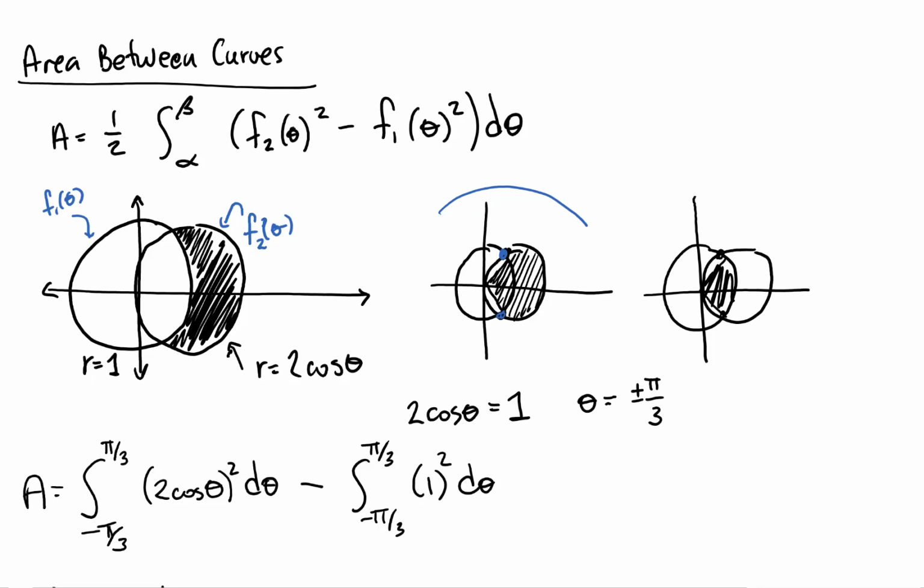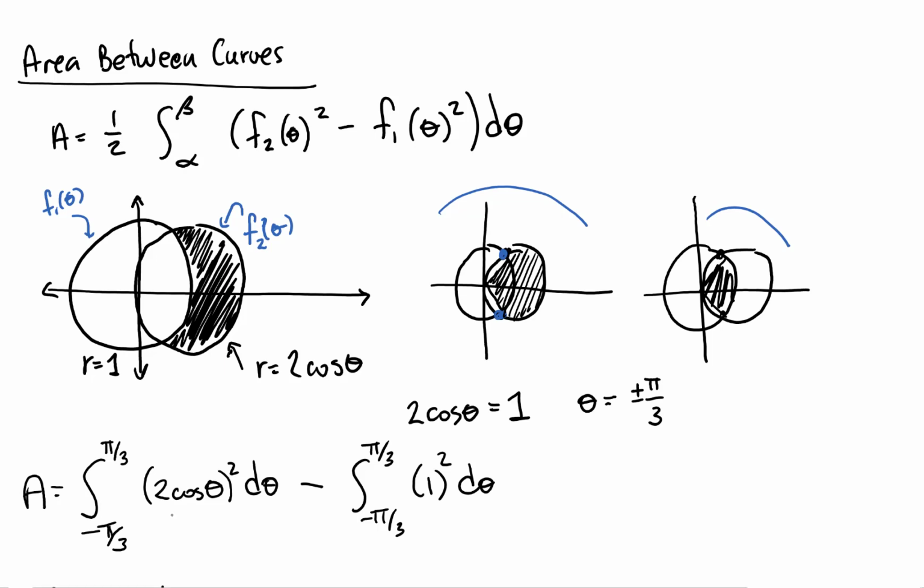So there's this point here and this point here in theta for the bigger function, r equals 2 cos theta. And this picture here is on the same interval from negative pi over 3 to pi over 3 for our smaller graph of r equals 1.